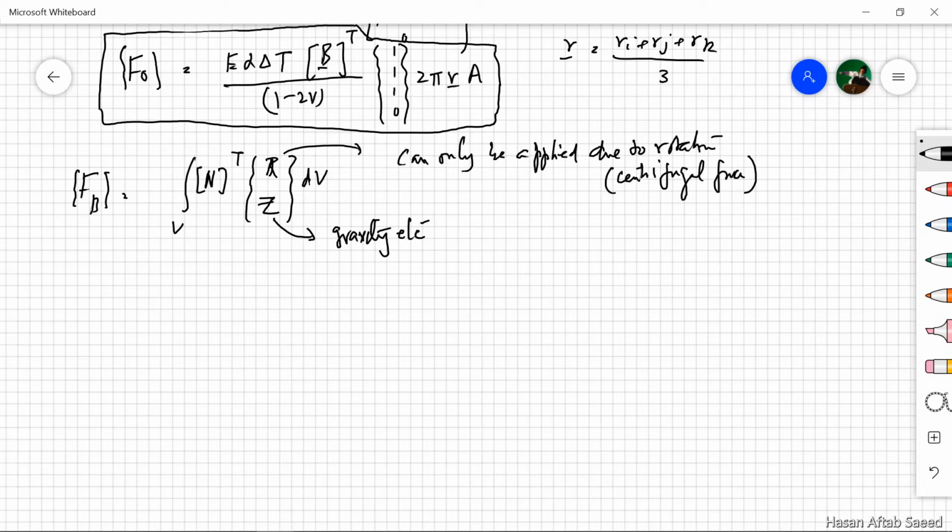Now this Fp can be calculated precisely. We don't have to resort to calculation at the centroidal values. We can use natural coordinates to our advantage here. So let's first recast it in another form.